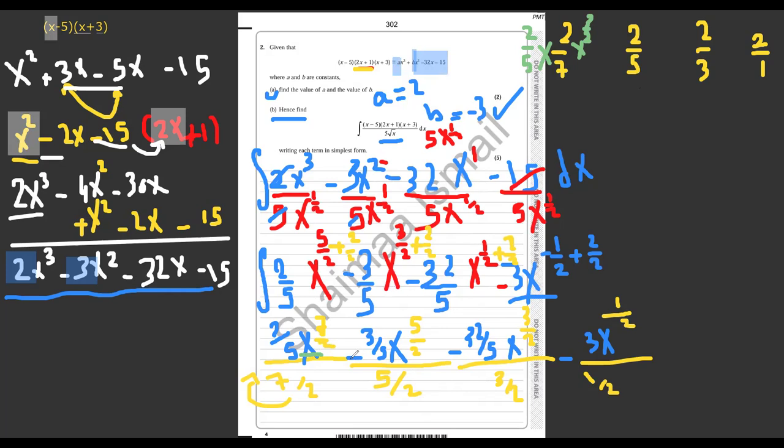Okay, minus 3 over 5, multiplied by, here we flip the denominator, we get 2 over 5, and we copy x to the power 5 over 2.